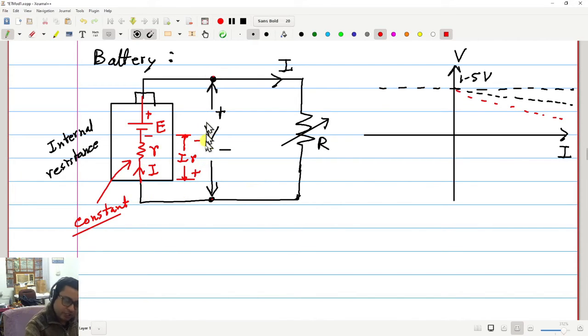Now if I calculate how much is the voltage from here to here, that is E minus IR. So V is equal to E minus IR. This is the voltage that you can measure from outside.